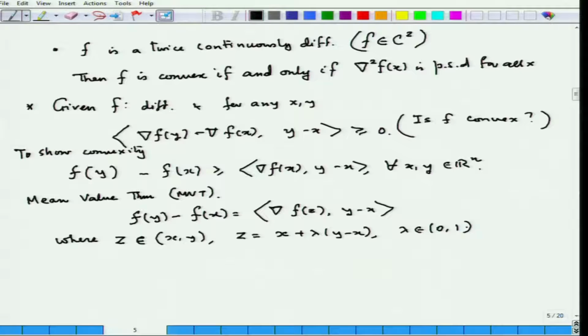So, there is some lambda between 0 and 1 such that z can be written like this. If I write it like this, I would immediately have f of y minus f of x is equal to the gradient of f at z, where z is x plus lambda y minus x, into y minus x.